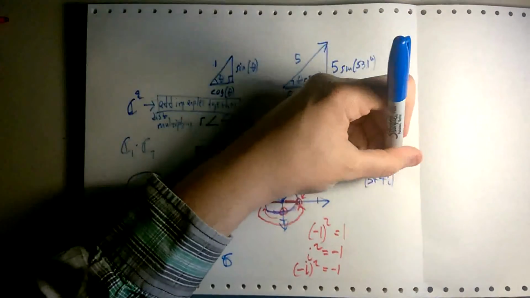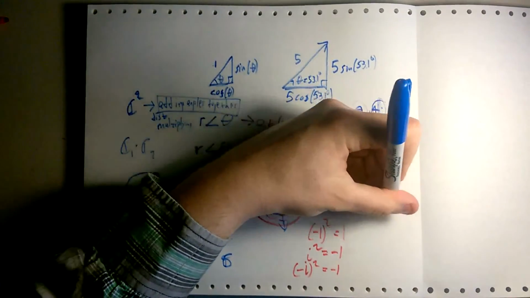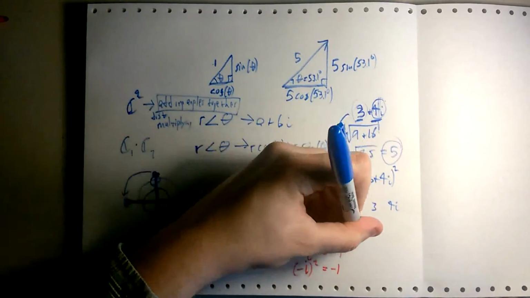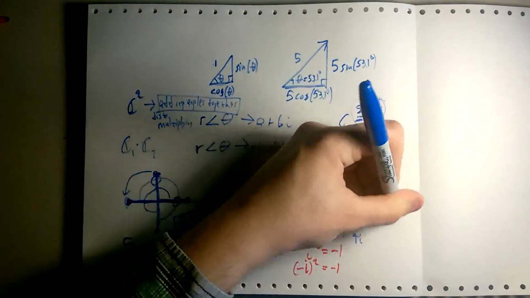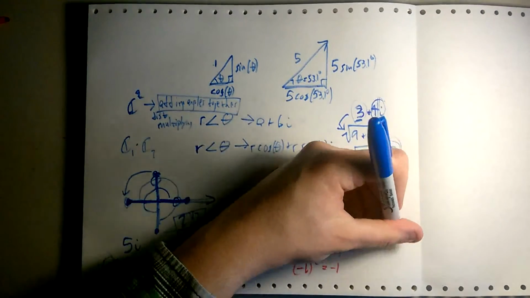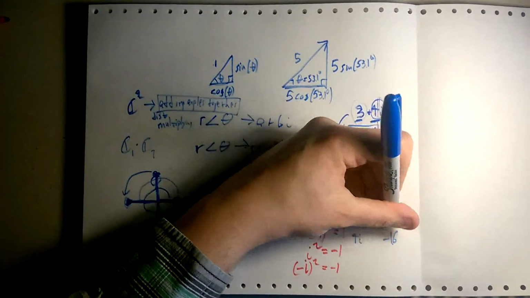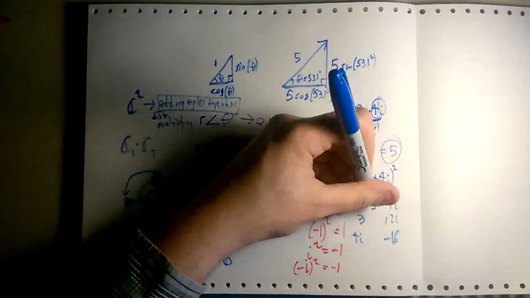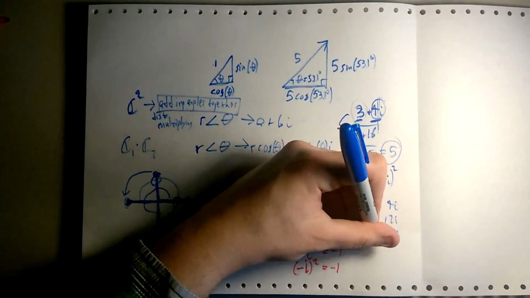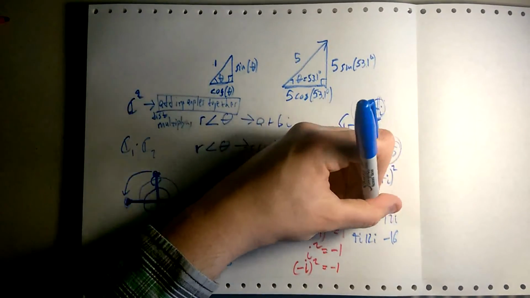Let's check. If you square it by itself, you get 3 plus 4i times 3 plus 4i. Let's do the box method. i times i is negative. 4 times 4 is 16. 4 times 3 is 12, there's only one i here. 3 times 4 is also 12 with an i here. And then 3 times 3 is 9.